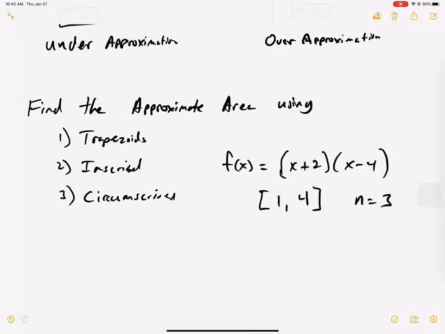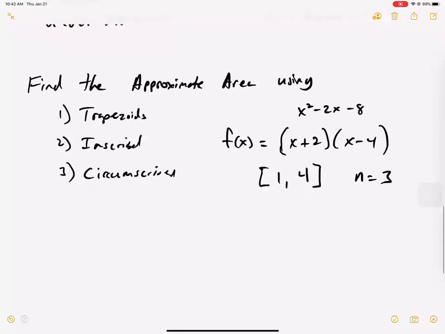Okay, so this is really x squared minus 2x minus 8, and we're going to graph it between the values of 1 and 4, and break it into 3 different rectangles. Here's a couple things. You could graph it, but let me just draw the x values real quick. 0, 1, 2, 3, 4.